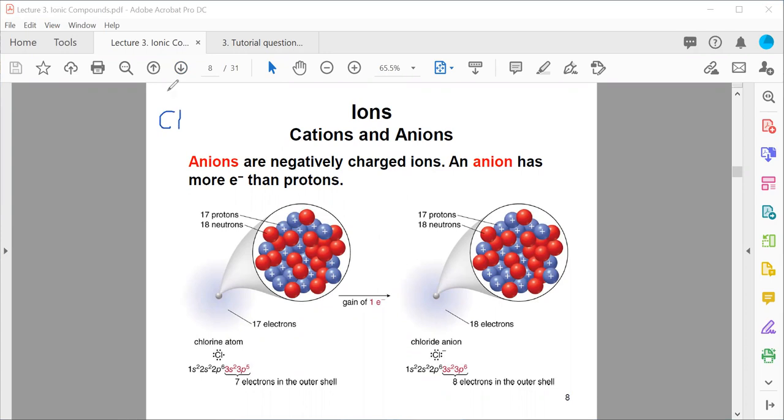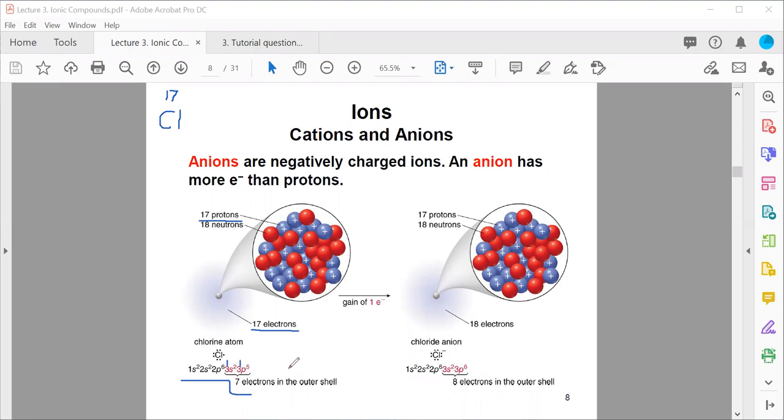Chlorine, atomic number 17, which means that it has 17 protons. In a neutral atom of chlorine, it will also have 17 balancing negatively charged electrons. Let's look at the electron configuration. The valence shell is shell number 3, and we have 7 electrons in this shell.